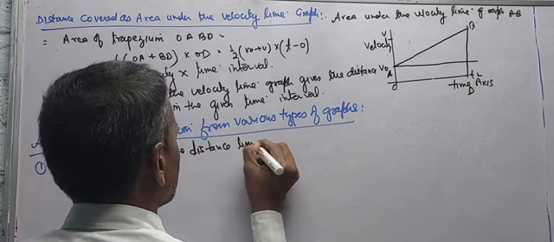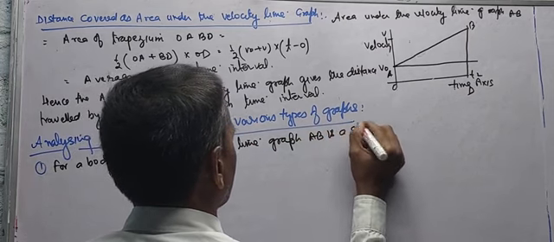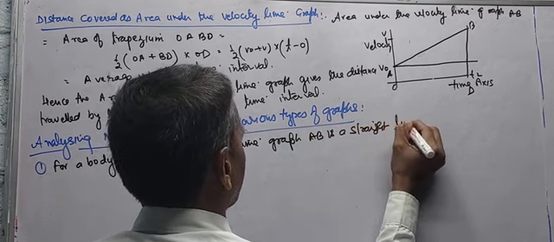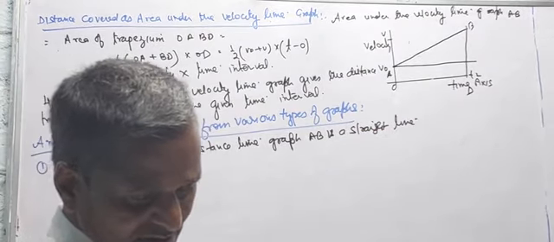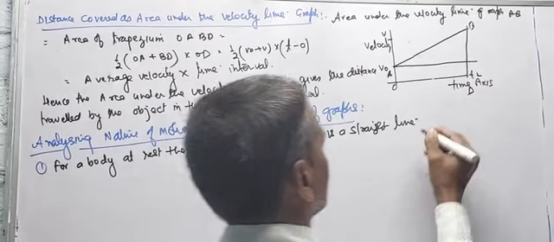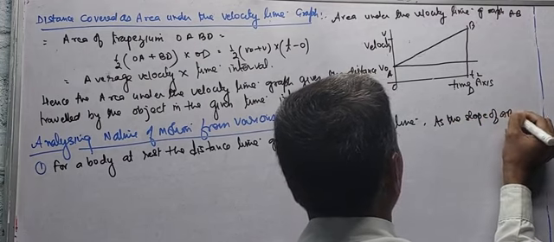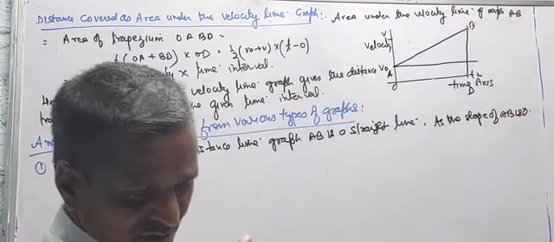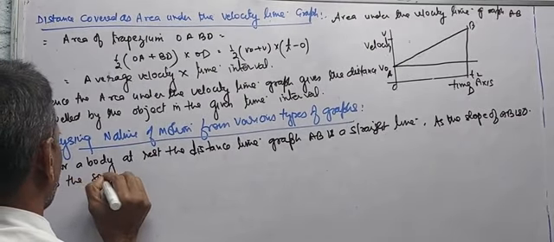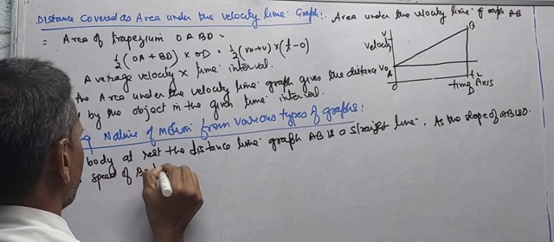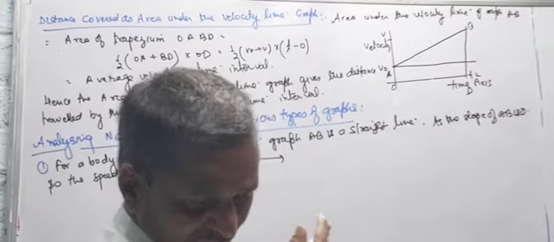As the slope of AB is 0, so the speed of the body is 0.